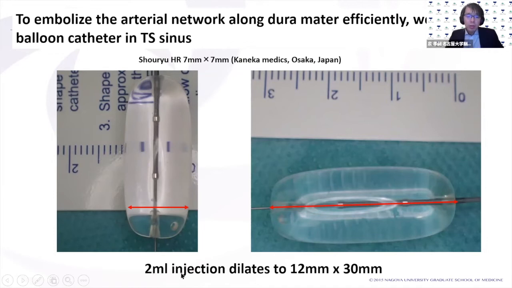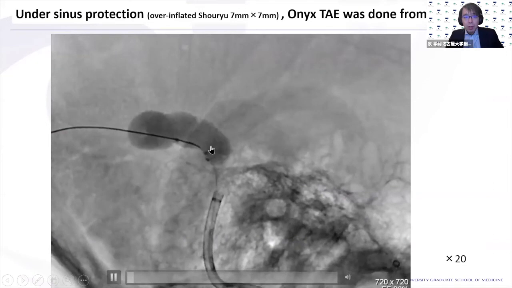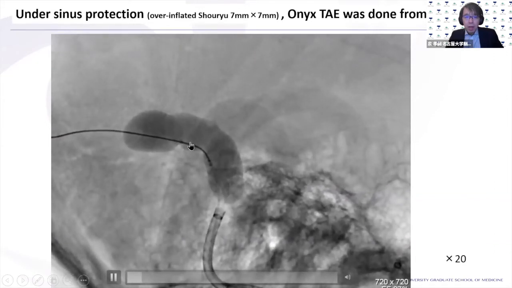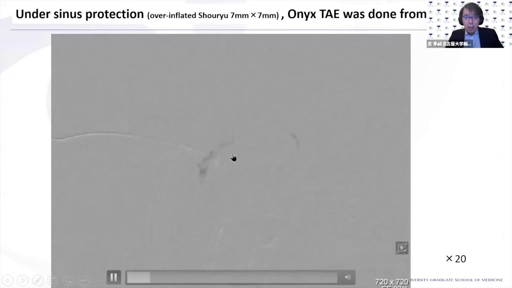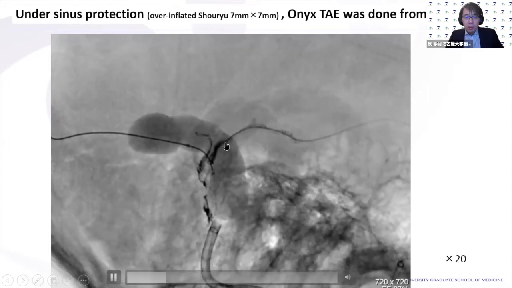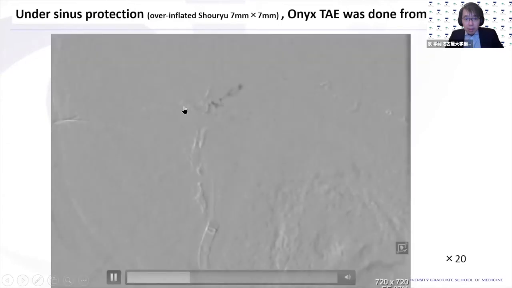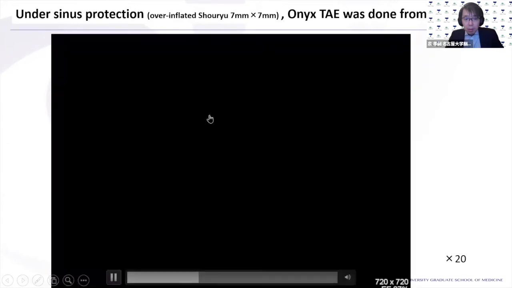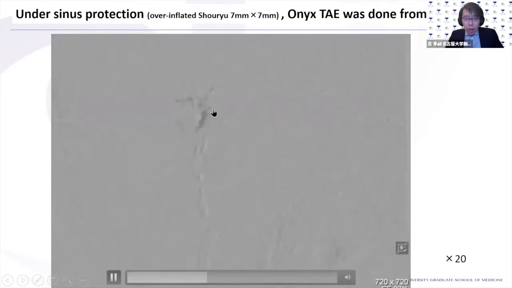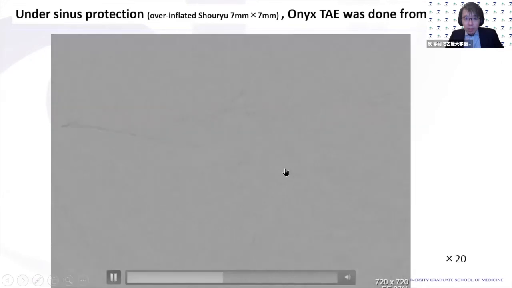After 2 milliliter injection, it was dilated to 12 millimeter by 30 millimeter. Here I showed you. Under sinus protection, Onyx TAE was done from the MMA, and the Onyx distributed to surround the sinus. And here, attached to the balloon, Onyx refluxed to another arterial network surrounding this balloon.